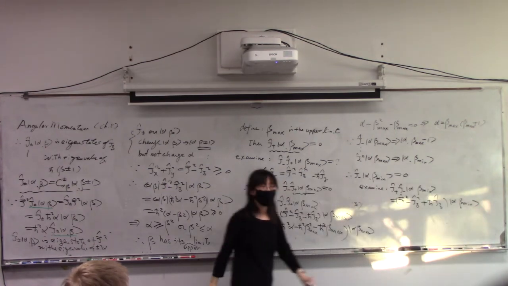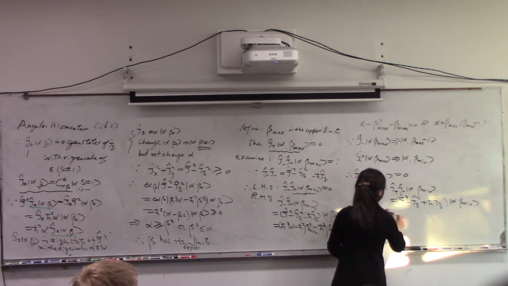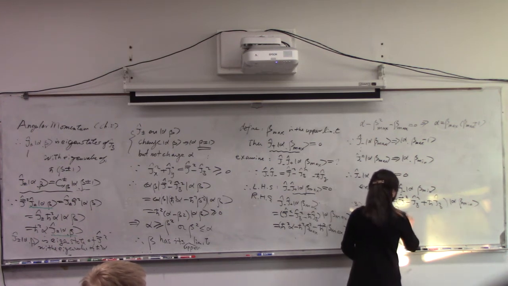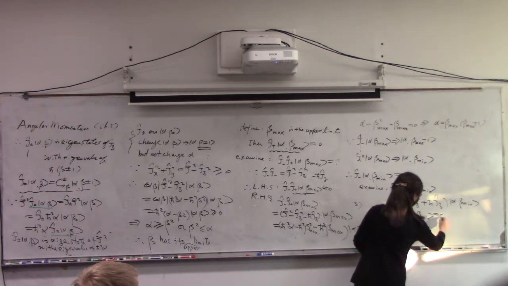That equals this. Then the left hand side, again, is equal to 0, since J minus cannot lower this beta minimum, this state.